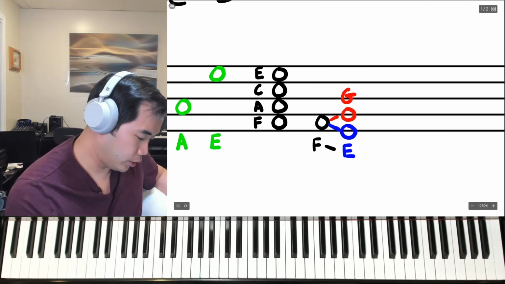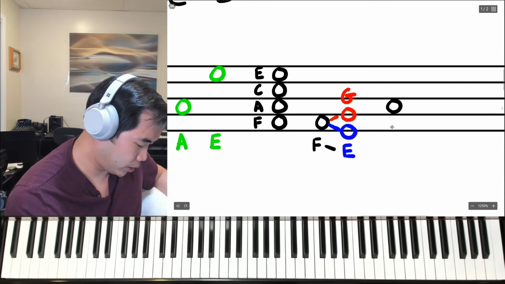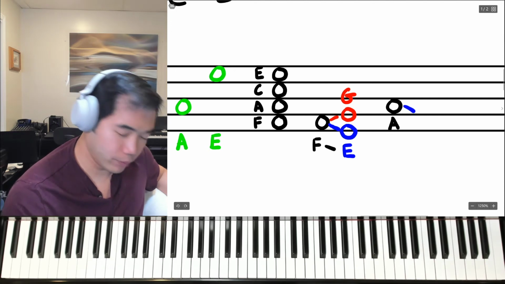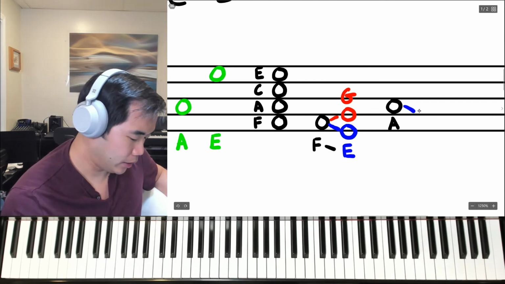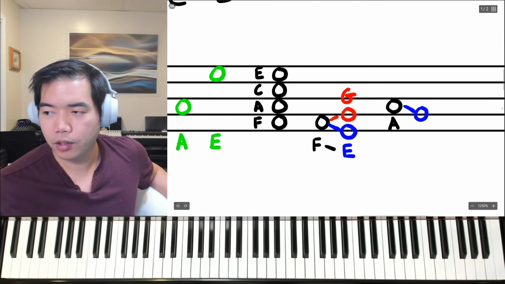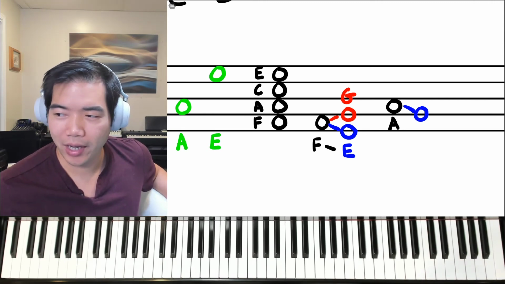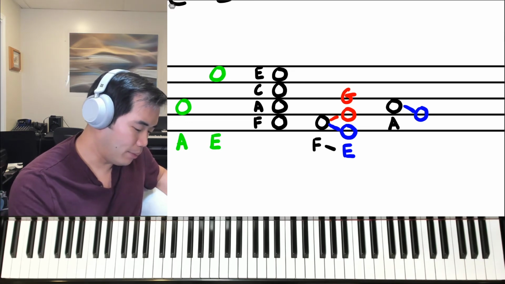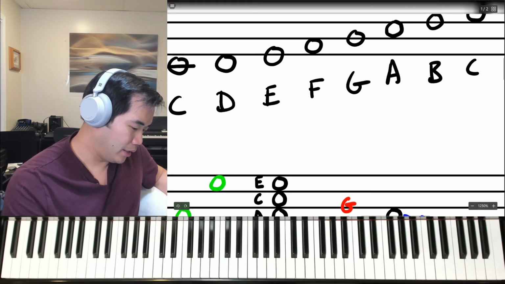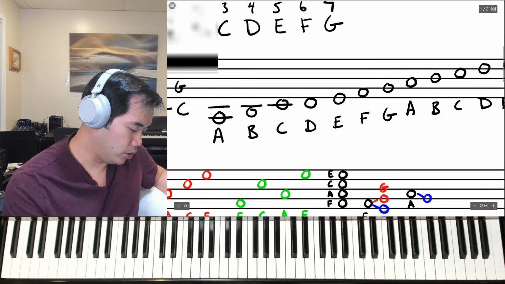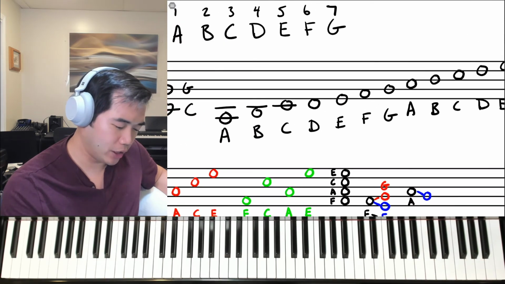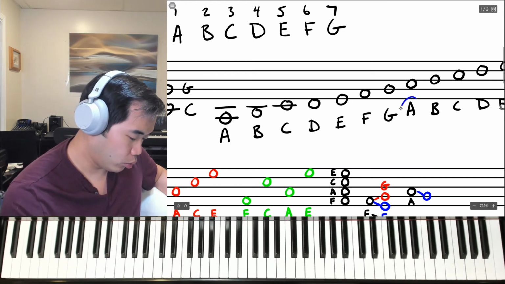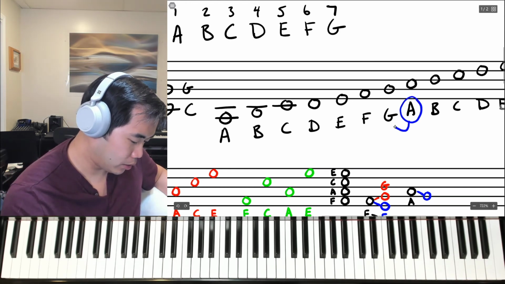Same happens if we look at the note A. So here's the note A. If I go down from the space A to the line right below it, we're going to go to the letter before A. Now you might say, well, what's the letter before A? Well, remember that there are only 7 notes, A, B, C, D, E, F, G, and then it repeats A, B, C, D, E, F, G. So if we look here, what's the letter before A?